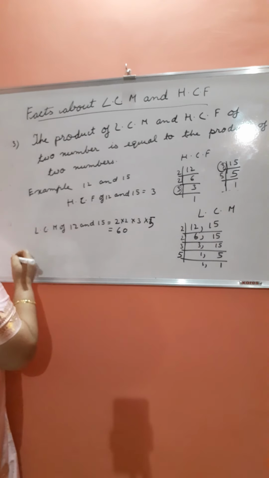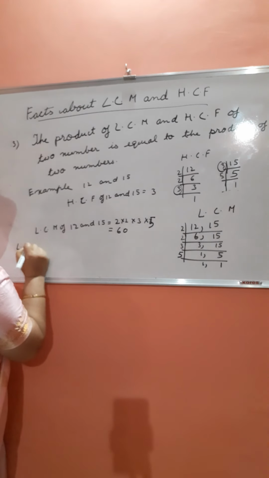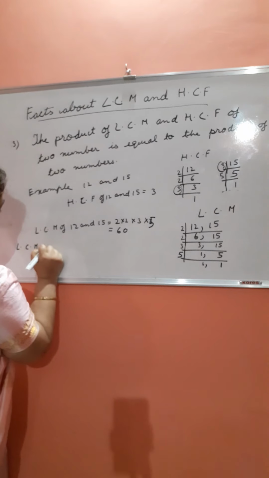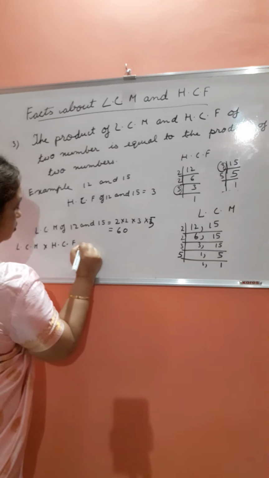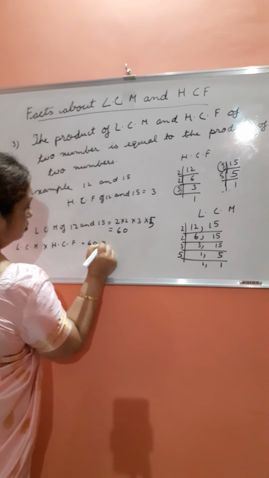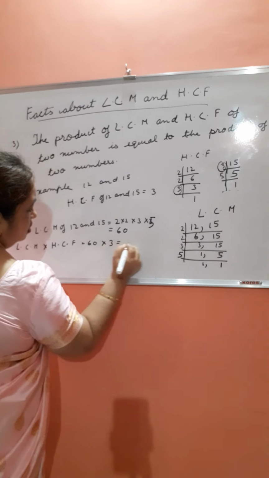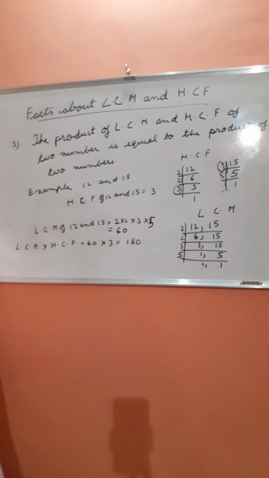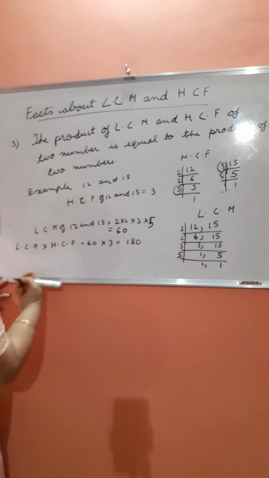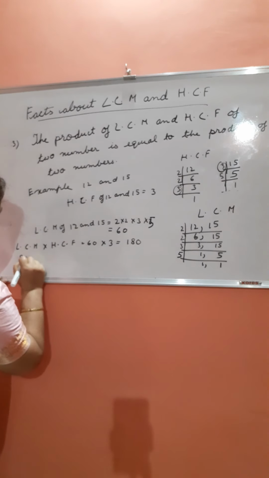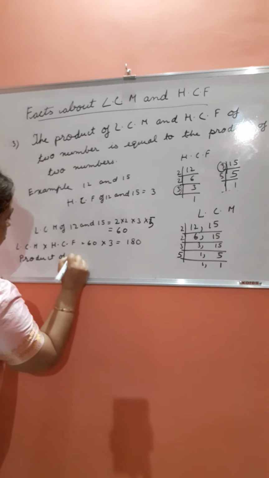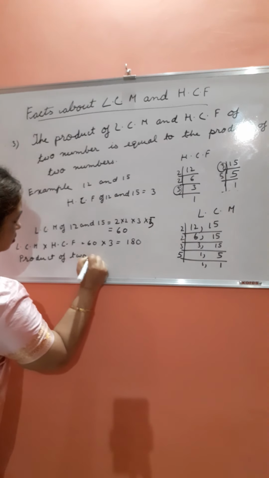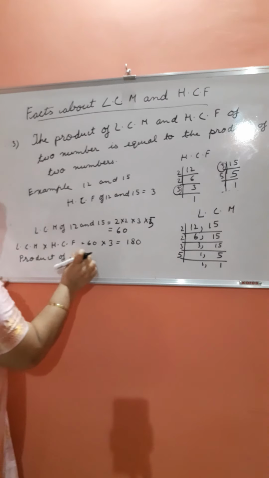Now find out their product, LCM into HCF. 60 into 3. This is 180. And the product of two numbers will also be 180. 12 into 15. Product of two numbers. Sorry, one minute.